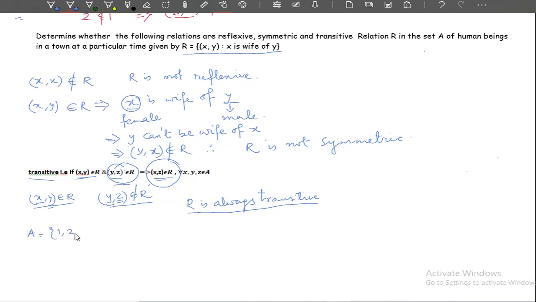Let R equal {(1, 1), (2, 2), (3, 3)}. Is R transitive?